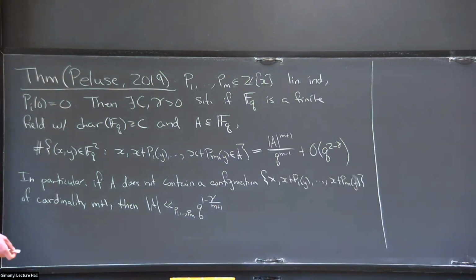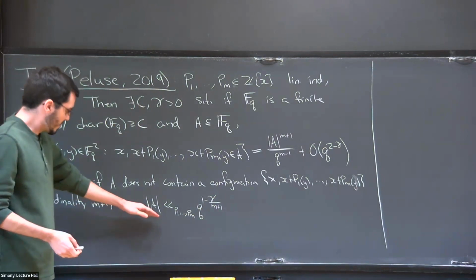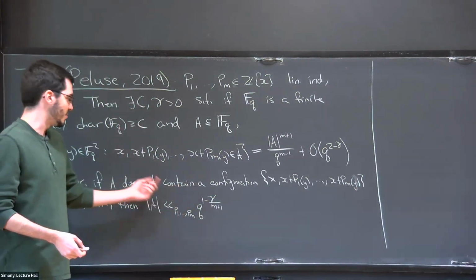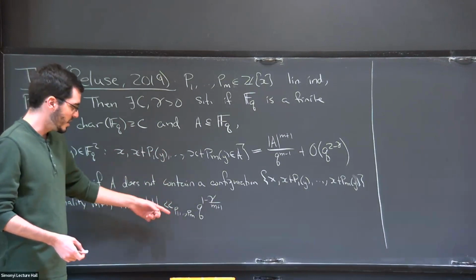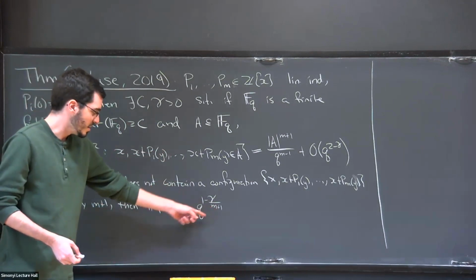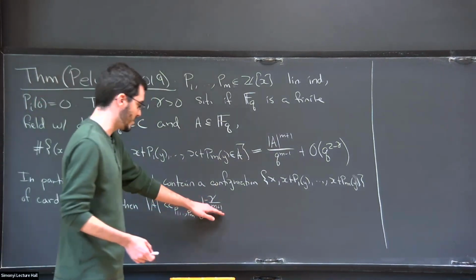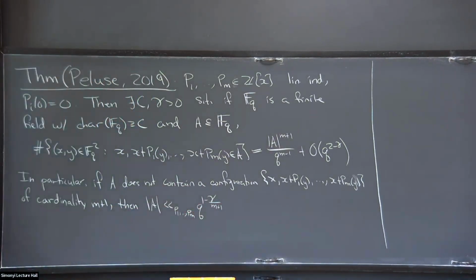Okay, so the polynomial similarity theorem should say that if A is a set of positive density, then we'd expect polynomial configurations. Here with linear independence, we get much stronger results, that there's some power saving in polynomial similarity in the case of linearly independent polynomials over finite fields.